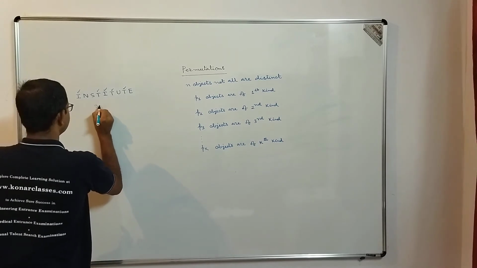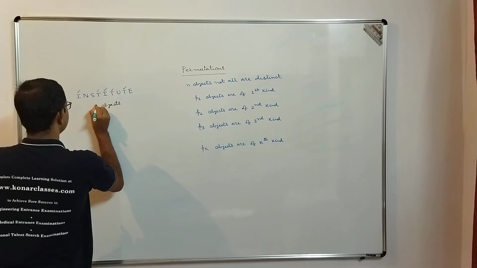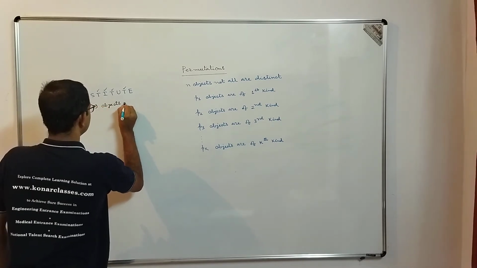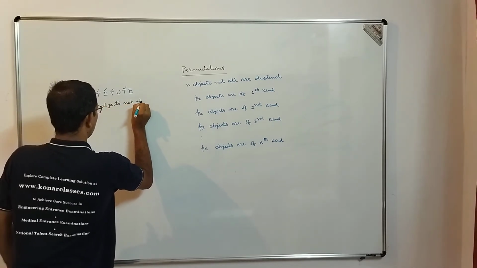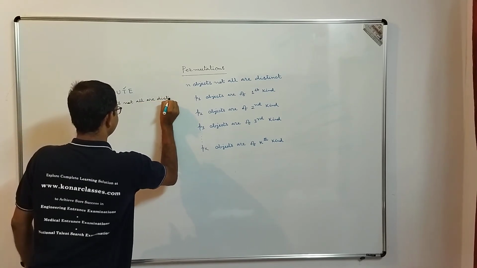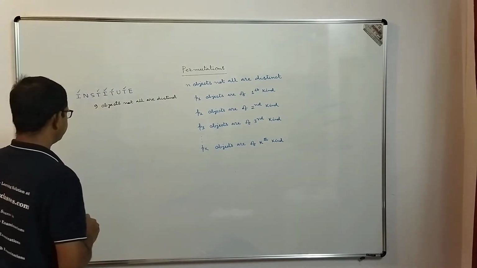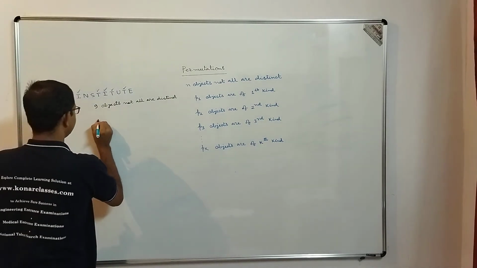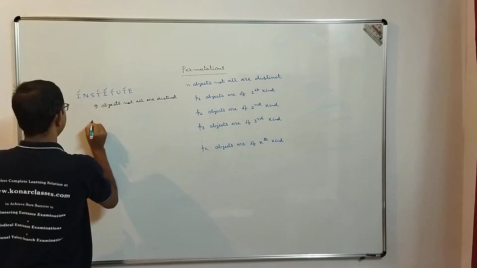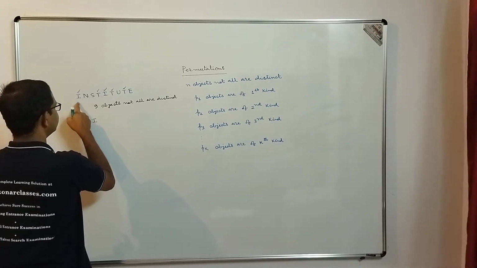So 9 objects, not all are distinct. What does this mean? It means that I, how many I's are there?